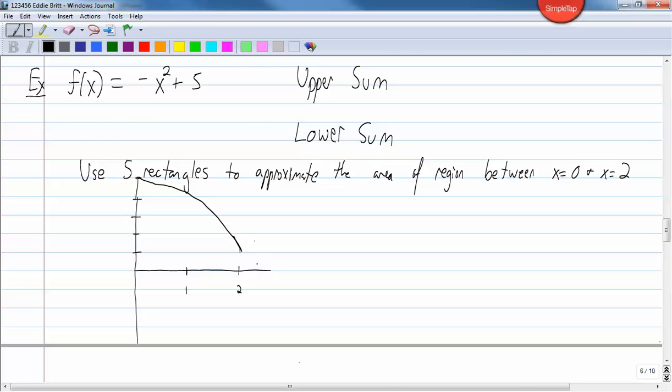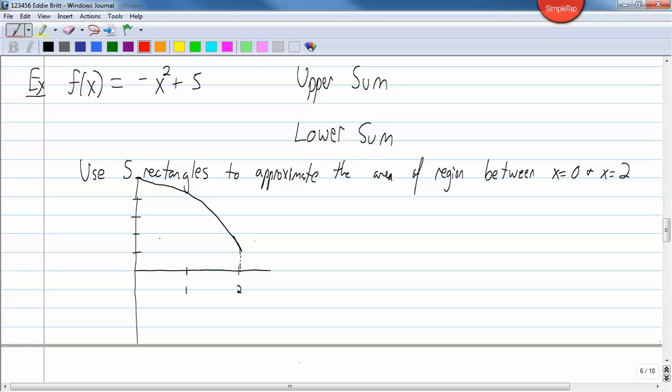The actual x-intercept is going to be the square root of 5, so square root of 5 is just a little bit more than 2, but I'm stopping at x equals 2, so that's where I'm going to stop. So I'll just put a dotted line going down. So if I want to know the area here, I can do that by finding the upper and lower sum. The way that I do that, let's say I want to use 5 rectangles, so I need to divide this space here into 5 pieces.